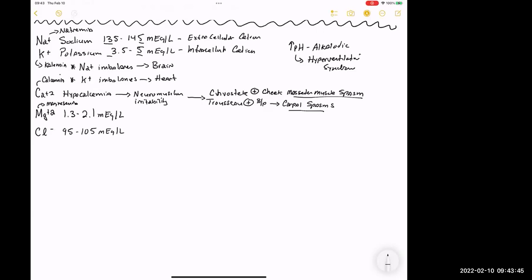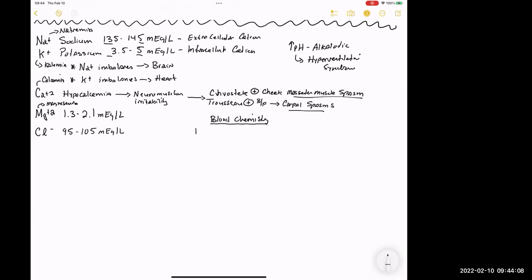These labs are all measured in something called the blood chemistry. So when somebody has a blood chemistry test done, this is a test that looks at some of these various electrolytes. And there are two major types of blood chemistry.